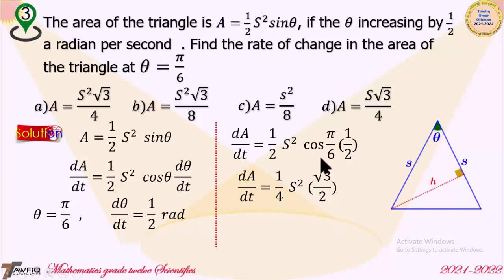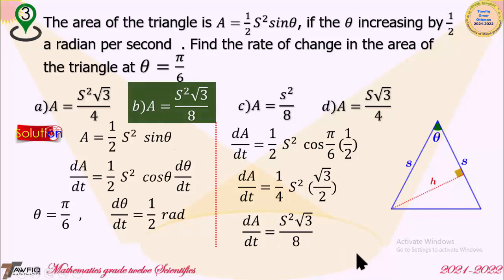The cosine of pi over 6 is square root of 3 over 2. Therefore, dA over dt is equal to s squared times square root of 3 over 4 times 2, which is 8. That means B is the correct answer.